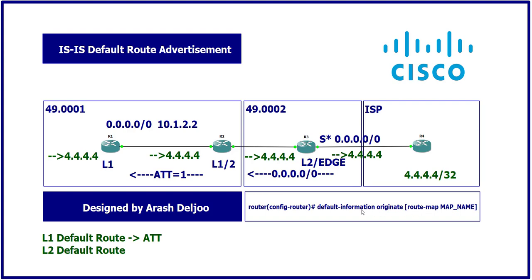I'm going to talk about this command, how we can configure it, what the details of the configuration are, and after that we can use this default route in the level 2 database. Let me show you our scenario, and after that we can configure this feature. Don't forget that we are configuring the default route advertisement into the L2 database, not the L1 database.